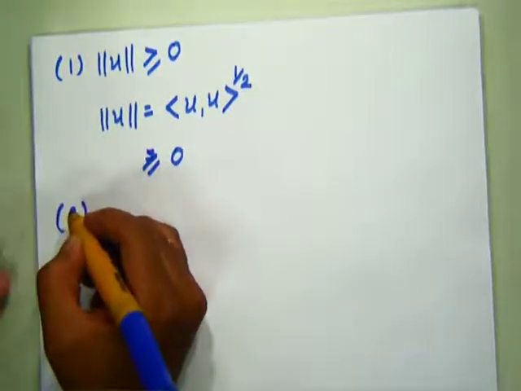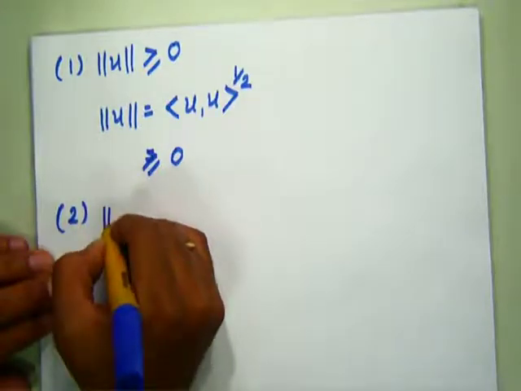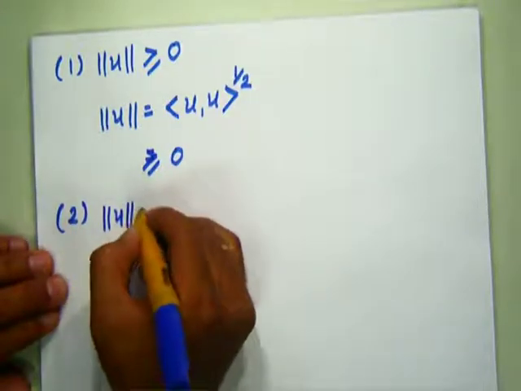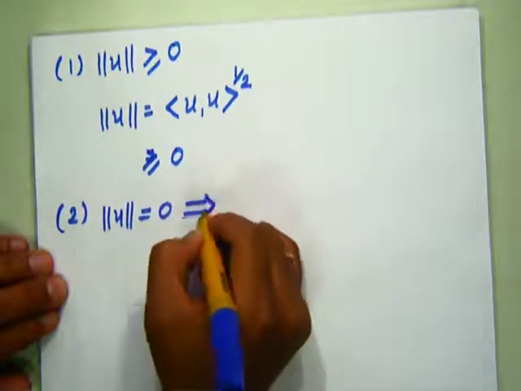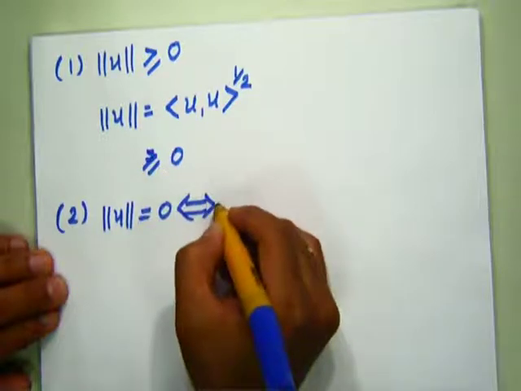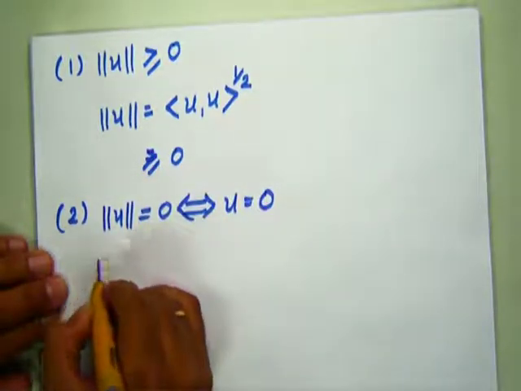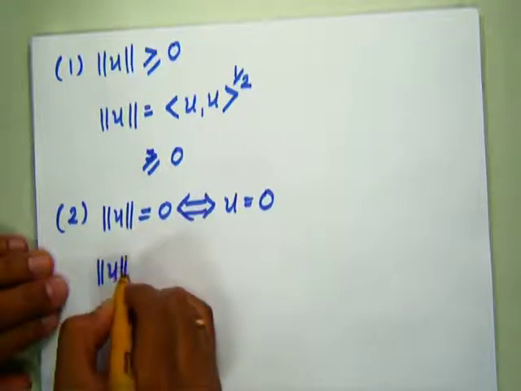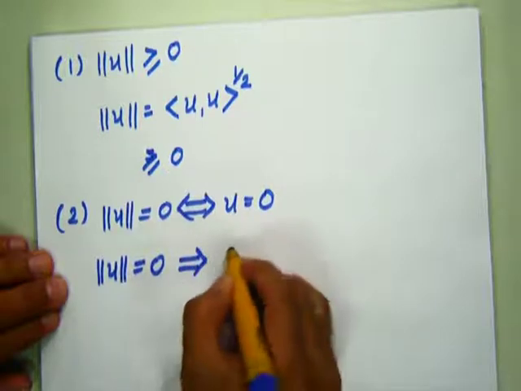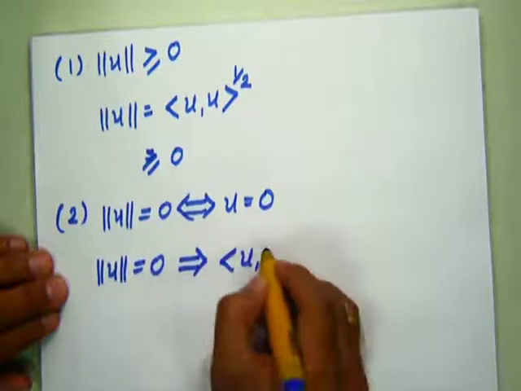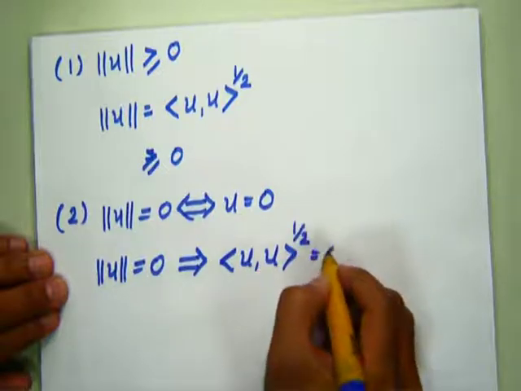The second property is that the norm of U equals 0 if and only if U equals 0. We want to prove this, so we write a double implication. Start with the norm of U equal to 0, which implies the inner product of U with U raised to half equals 0.